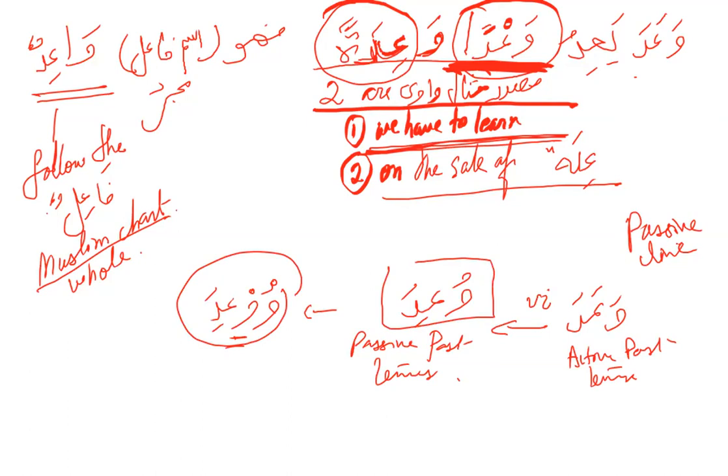Wu'ida is a passive past tense, and similar to wa'ada, the conjugation will be normal. Why? Because the irregularity is the fa kalma, and all the changes that are happening are to the lam kalma.